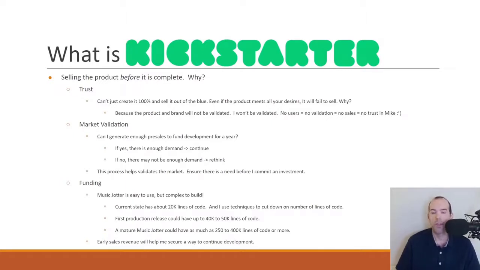So trust. Again, if I built this 100% and I just said, buy this product from me, you're not going to know who I am. Who is Mike? Who's Mike of Music Jotter? No one will know who I am. But as I do this Kickstarter, I'm doing these live streams. I'm talking to you on Facebook, through email. You're getting to know who I am. You're seeing that I'm putting effort into it, and I'm also showing you the actual footage of the product.